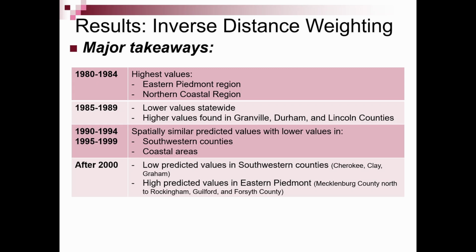And then for 90 to 99, those 2 5-year data sets, you see very spatially similar predictive values with lower values in the southwestern counties and the coastal plains. And then after 2000, you see low predictive values in the southwestern counties, Cherokee, Clay, Graham County, and then high predictive values in the eastern Piedmont from Mecklenburg County north to the Rockingham, Guilford, and Forsyth County area.